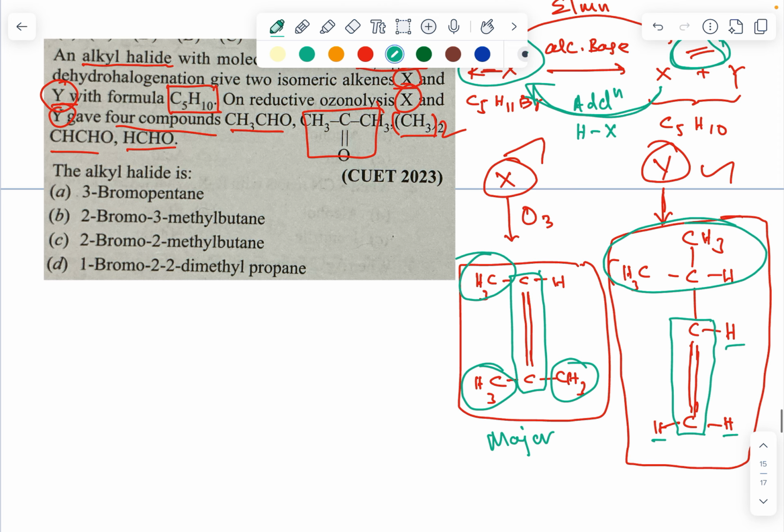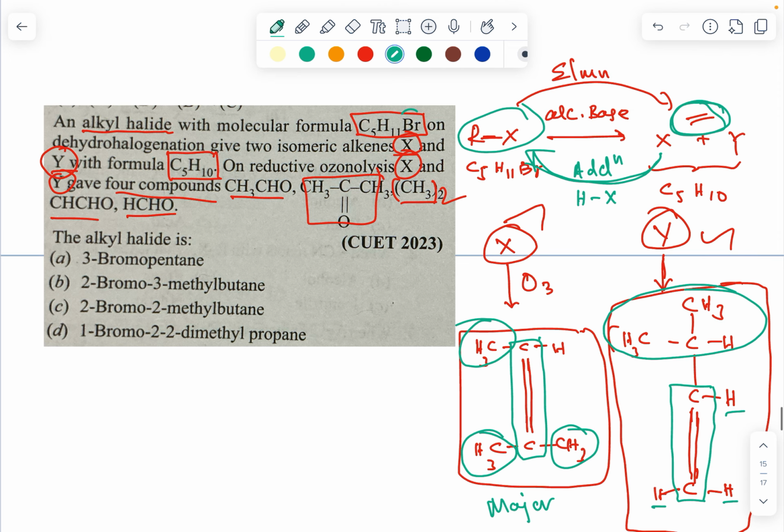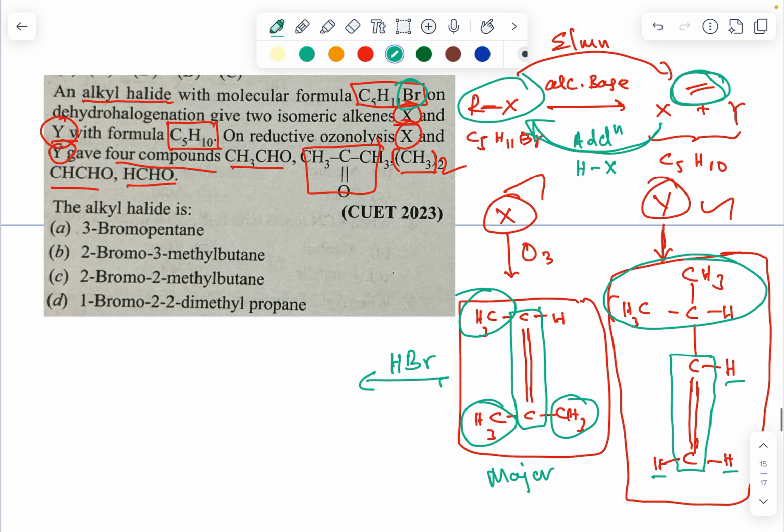What type of halogen will be added here? It's bromine. So definitely here I am going to add HBr. The nucleophile, the bromide ion, attacks according to the Markovnikov rule: around the carbon-carbon double bond, the carbon which has fewer hydrogens is where the nucleophile is added.